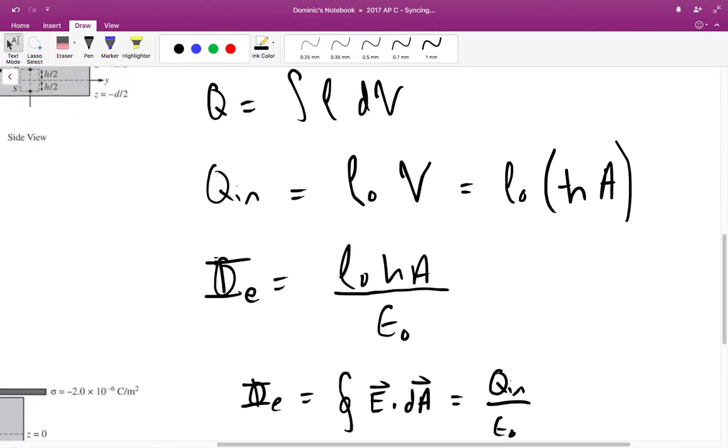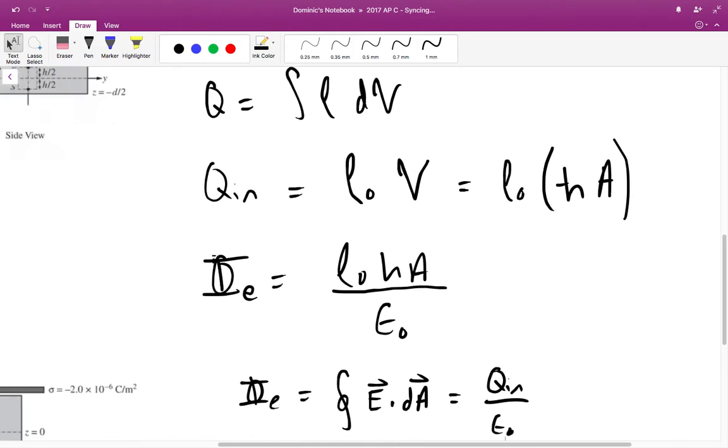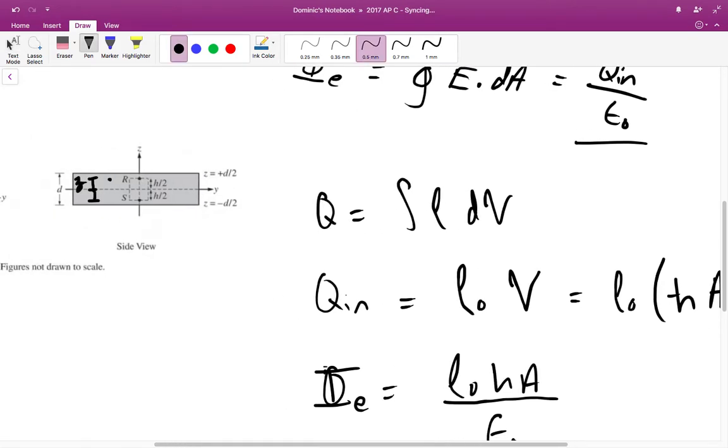Q inside is going to look very similar. It's going to be rho naught times V again, but what is the volume this time? Well, really half the height is z, since z is just going from the zero mark and above. So the height of our Gaussian cylinder is going to be 2z.